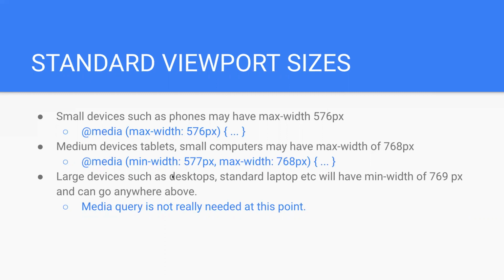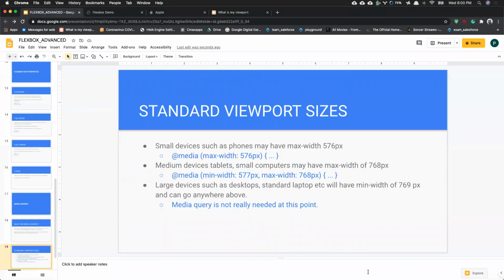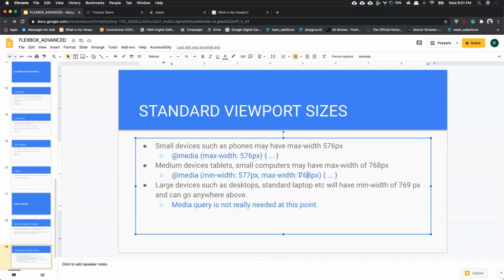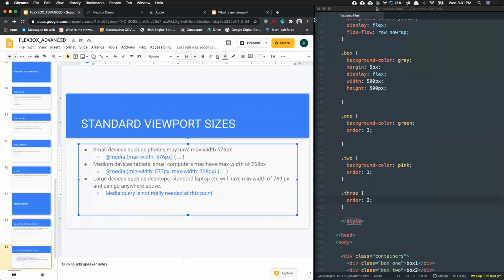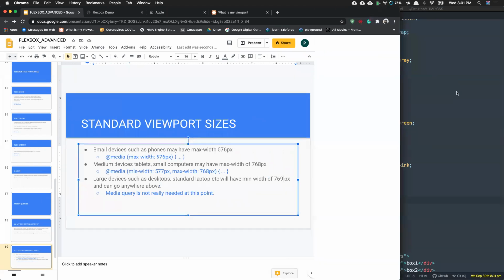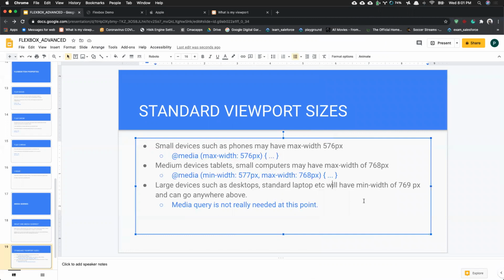Okay, that's basically what a media query does. All right, and then we have our large devices such as laptops and stuff like that. So the max width for a tablet is 768 pixels. So anything below 768, it displays in a certain way. Okay, but now we need to say, okay, what if people are viewing on a computer, and computers have different sizes, different screens. At this point, usually we just design a website, right?